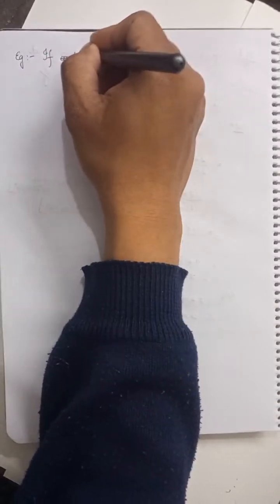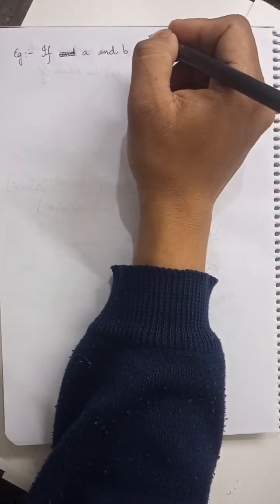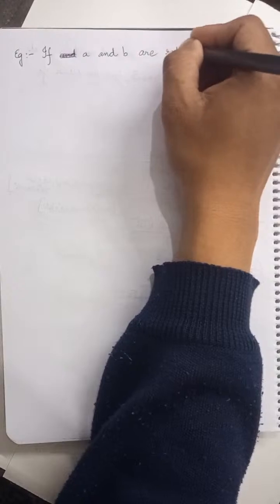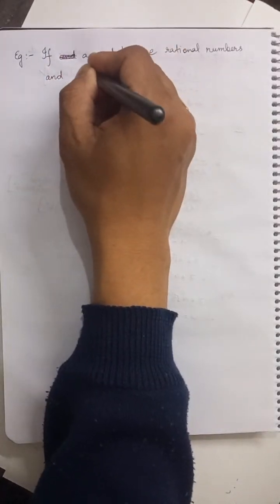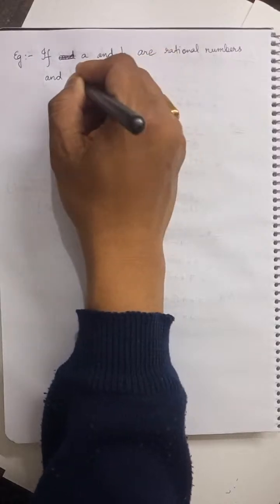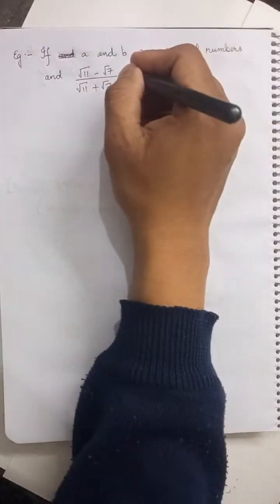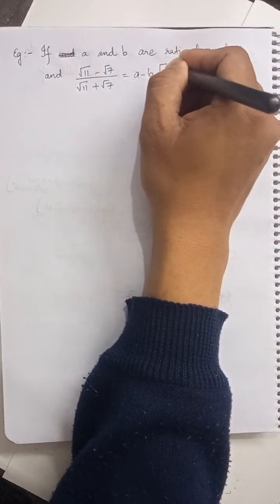So if a and b are rational numbers, and root over 11 minus root over 7 by root over 11 plus root over 7 equals a minus b root over 77.